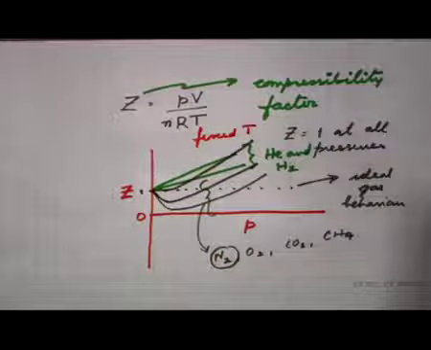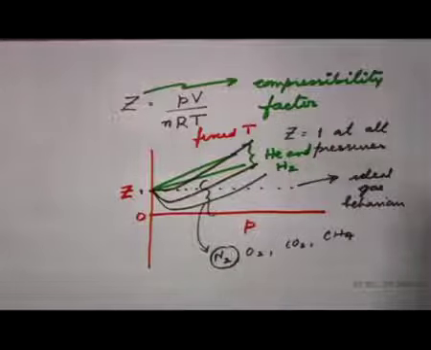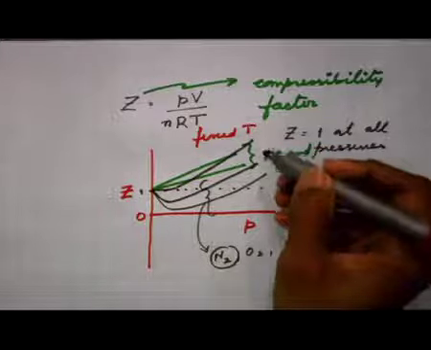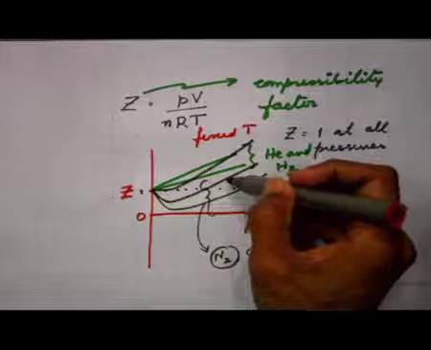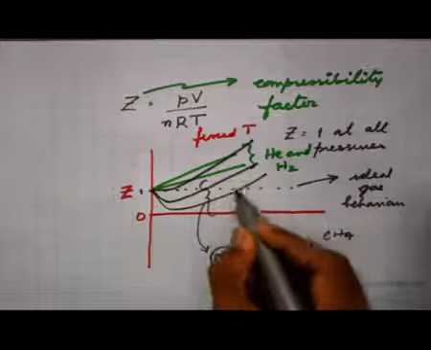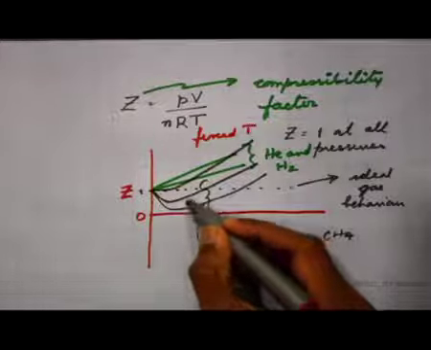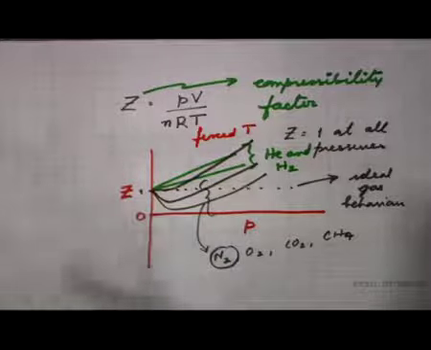So, if I drop this temperature from T, so this is about room temperature, now if I drop the temperature to less, so you go down in temperature, what you will observe is that helium and hydrogen will also start to show the same behavior that is demonstrated by oxygen, carbon dioxide and methane, right. So, if you drop the temperature, all of them show this kind of behavior. The value of Z is less than 1 to begin with, and it drops. Well, it starts at 1 and it drops.